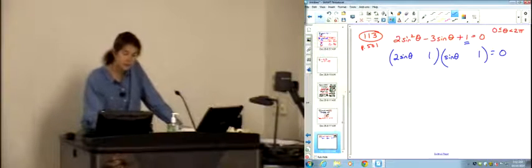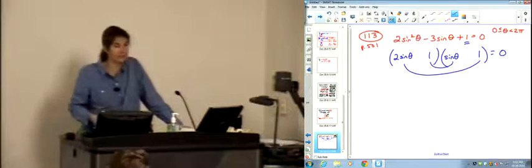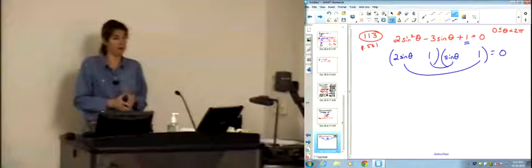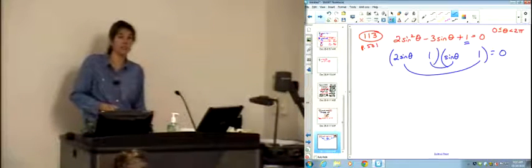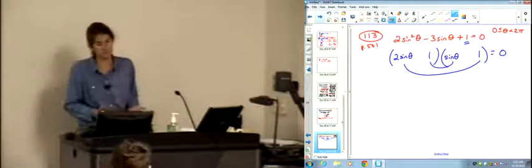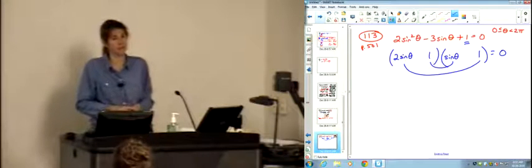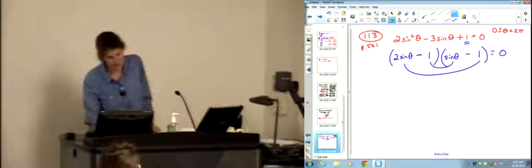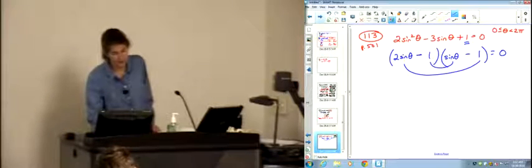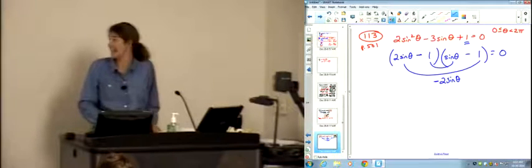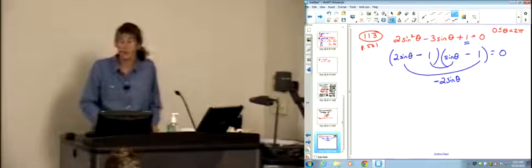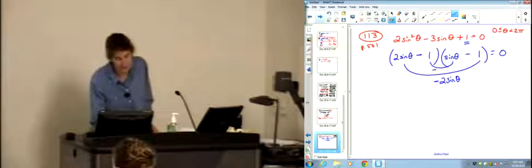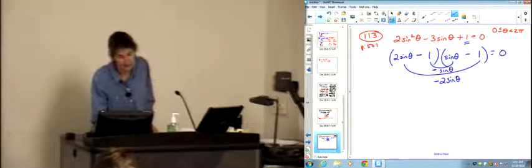Now, remember my outer and inner products have to combine to give me that middle term of minus 3 sine theta. So how are they going to do that? What signs do I need to make them? They both have to be negative, because on the outer product I've got 2 sine theta times the negative 1, which is negative 2 sine theta, and on the inner product I have negative 1 times sine theta, that's negative sine theta.